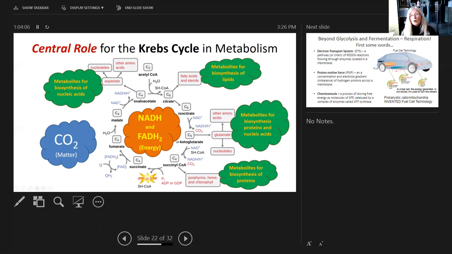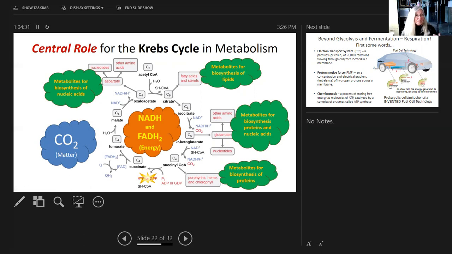Here are where amino acids are the metabolites that get spit back out. So then those can go into biosynthesis or anabolic pathways. So all of our anabolic pathways, all of our taking those metabolites, adding energy and building them up into biomolecules, here's where all those building blocks are coming from. It's not all of them, but there's a lot that comes from the Krebs cycle.